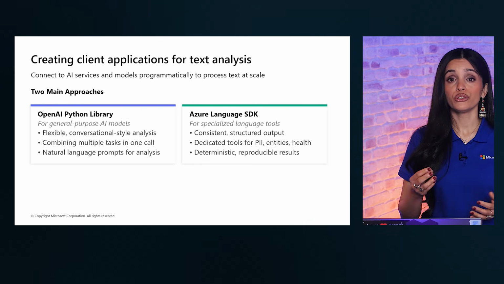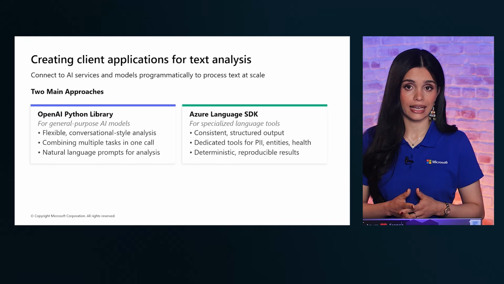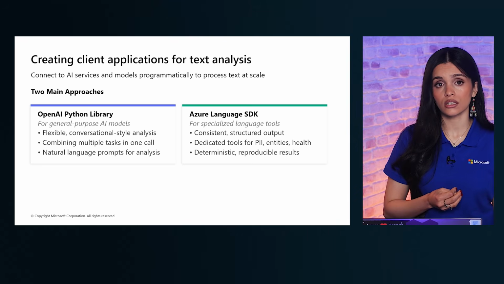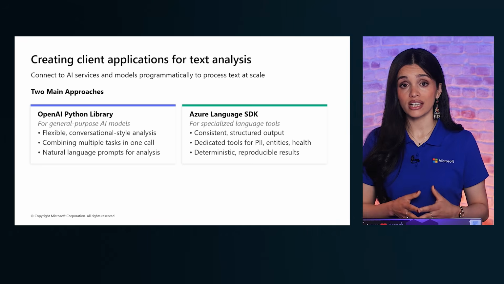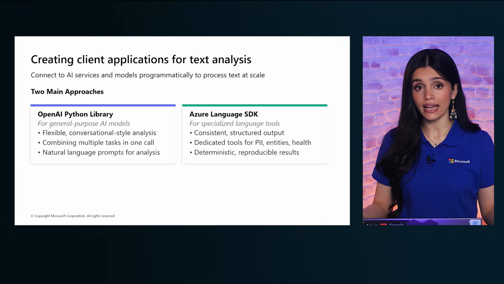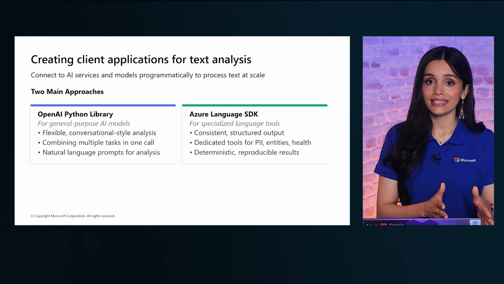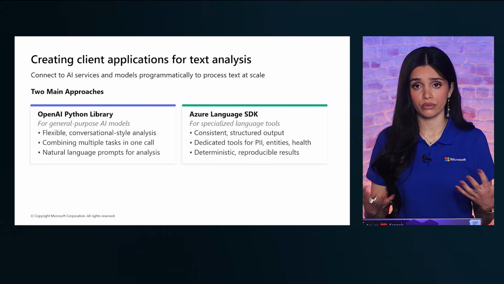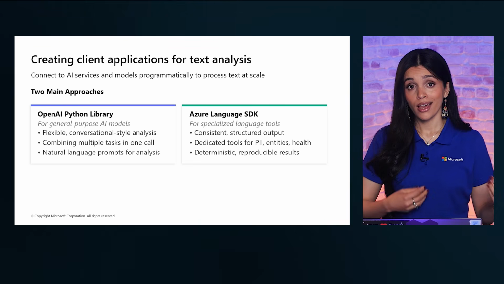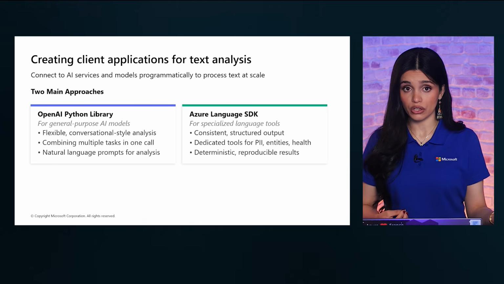The second approach uses Azure Language Tools, accessed through the Azure Language SDK. This is ideal when applications need consistent and structured results, such as detecting personal information, classifying documents, or running compliance checks in automated pipelines. A single client application can even use both approaches together. It may use a general-purpose model to help humans understand text, and maybe Azure Language Tools to reliably automate decisions.